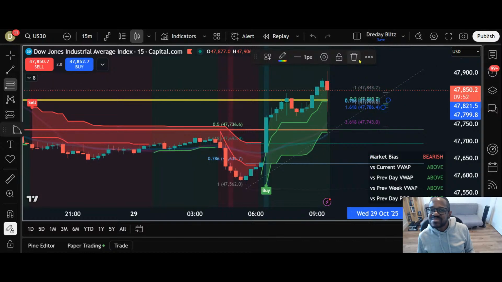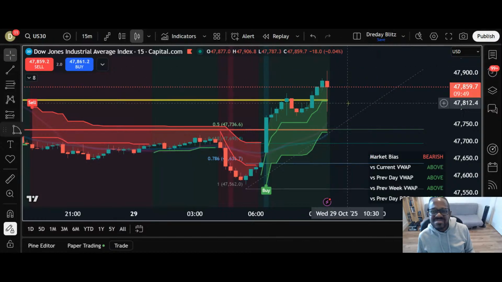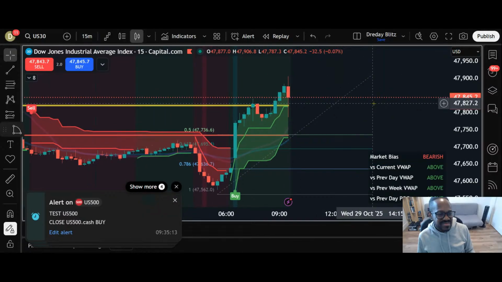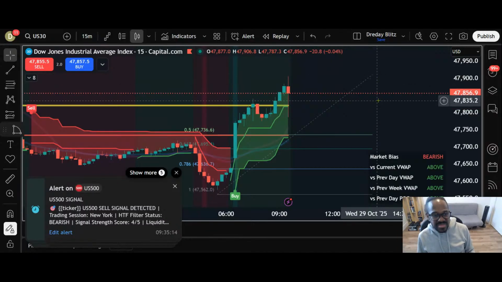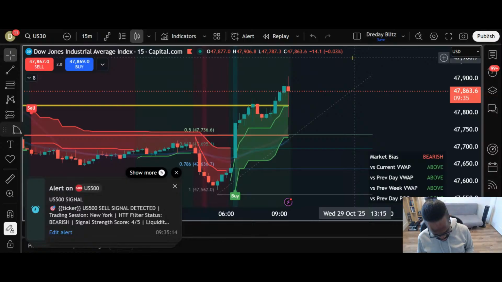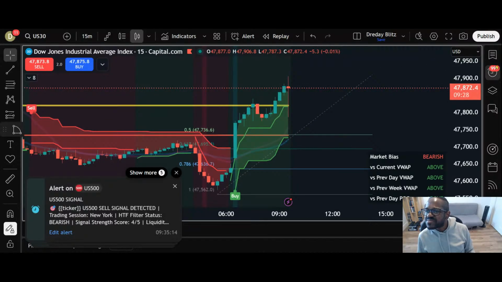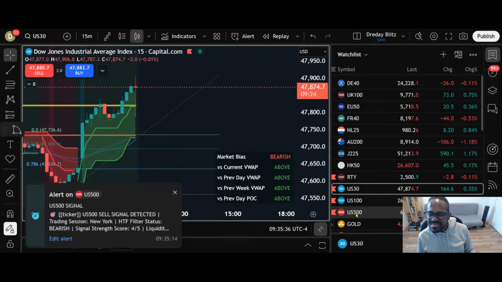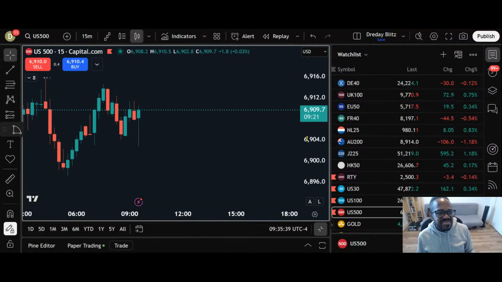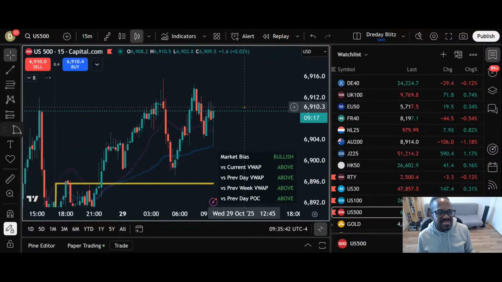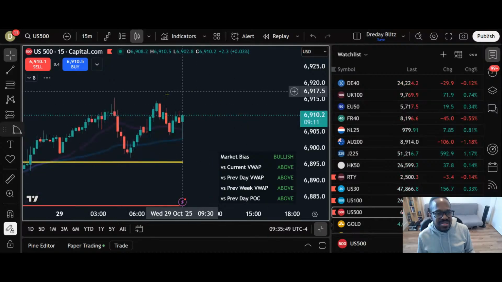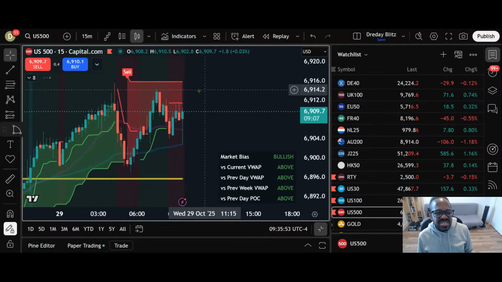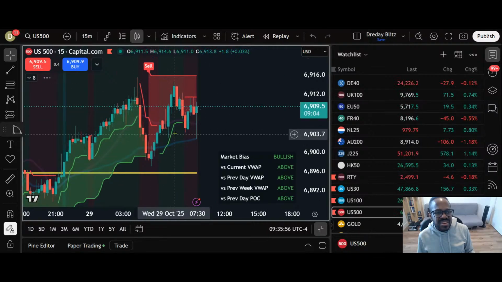$6,500 is a sell. Still loading here. We do have a higher low that was created. The trend is bearish.